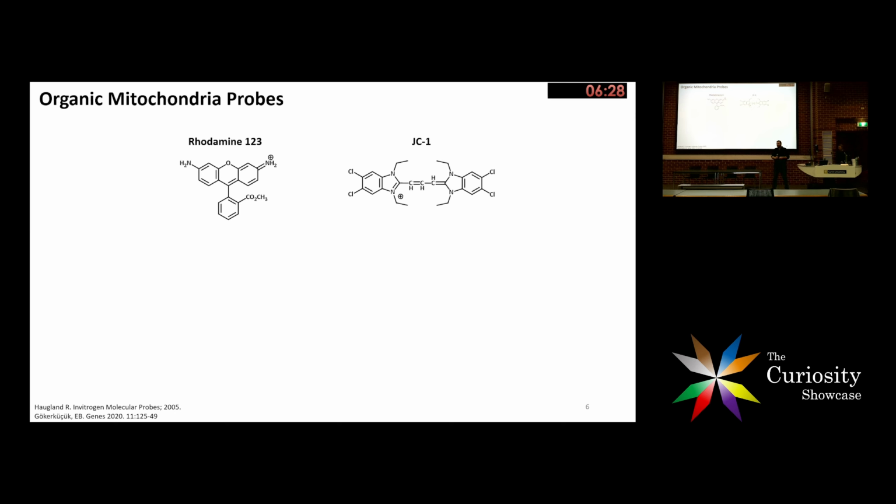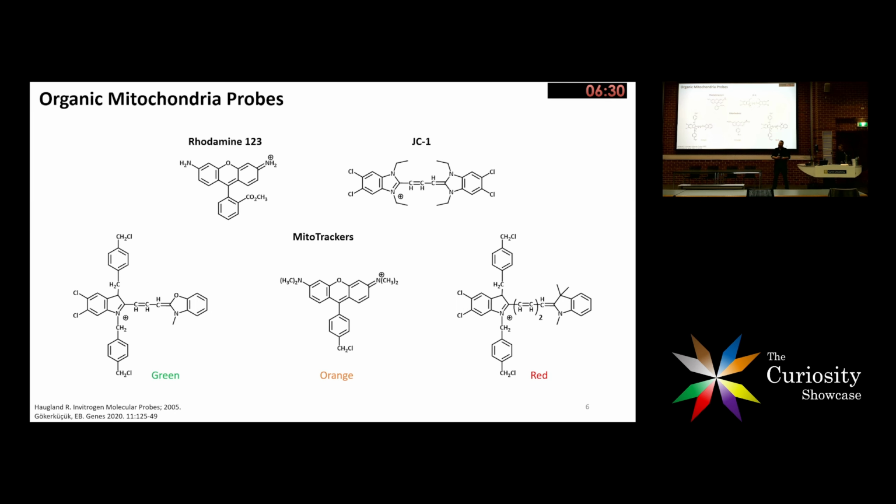However, the most commonly used organic probes are mitotrackers, and mitotrackers have the benefit of being able to stain both cell and tissue samples. However, it comes with one huge caveat: you're only able to stain live samples.